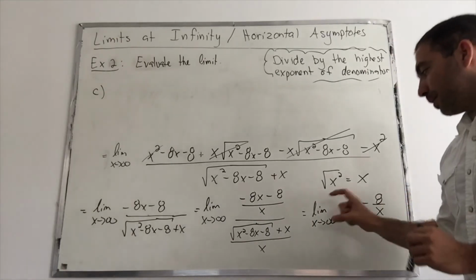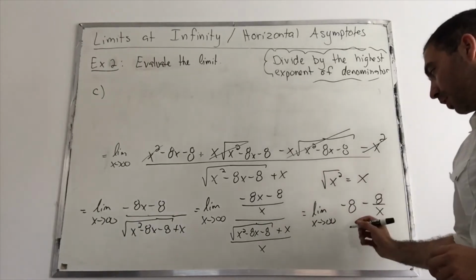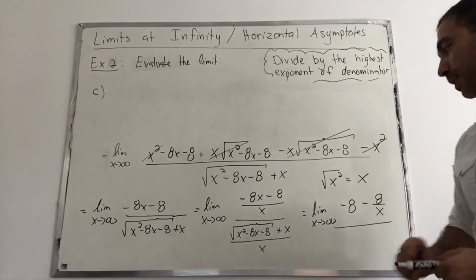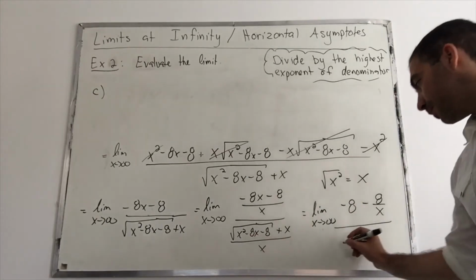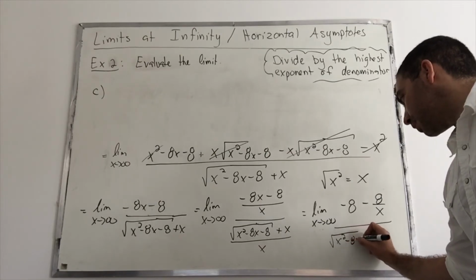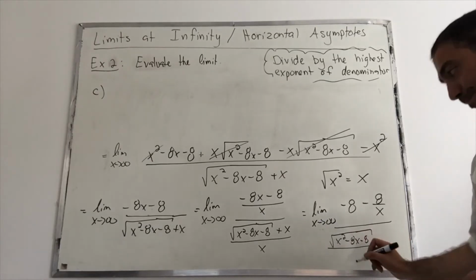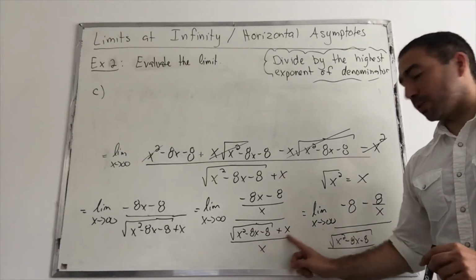I should be writing the limit on each term, but just because I'm running out of space, I won't do that. But what's important is this next step over here. So we have the square root of x squared minus 8x minus 8, all that in the root, divided by x, right? Because we're going to divide by x on both terms.